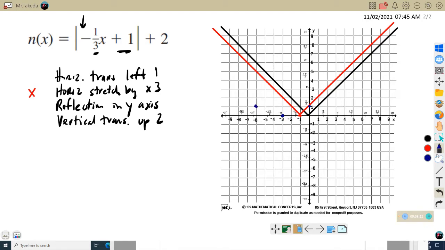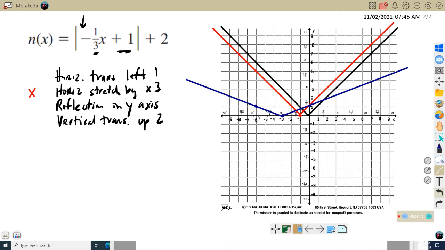Okay? So now this graph looks like this. That's a horizontal stretch by a factor of 3. Then a reflection in the y-axis, so now this whole thing's going to flip over.